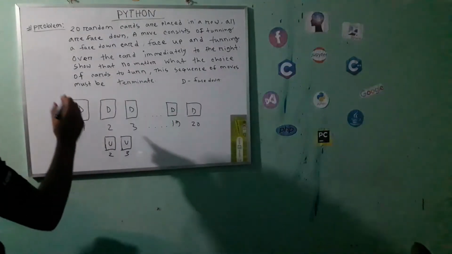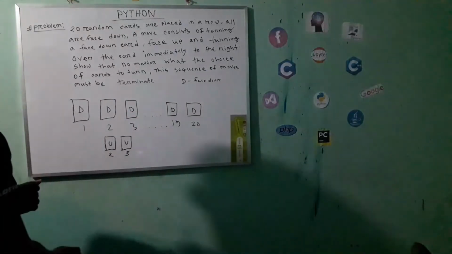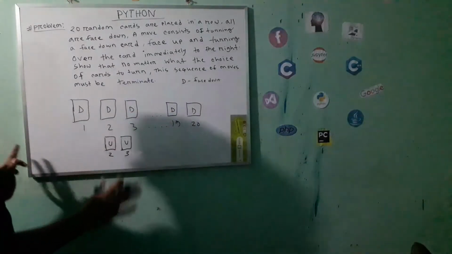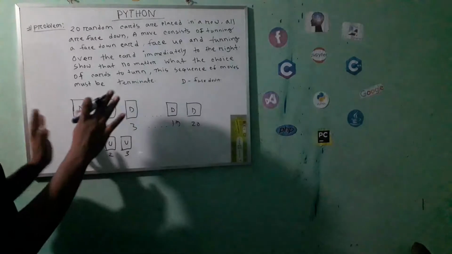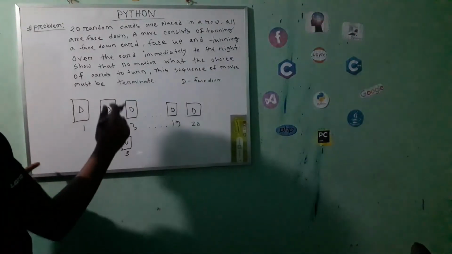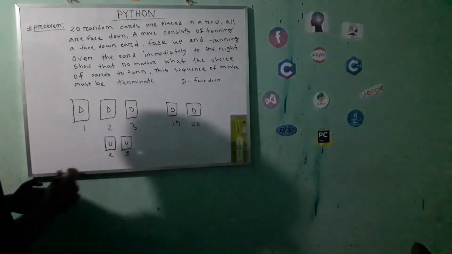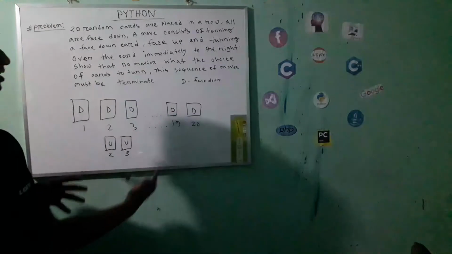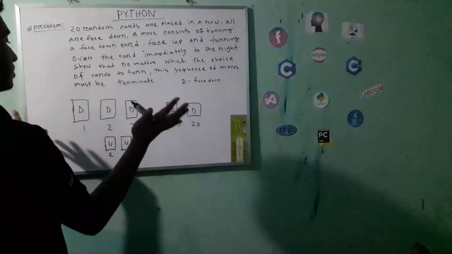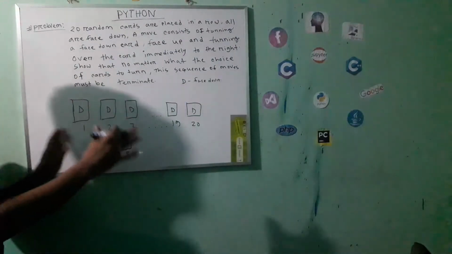Then show that no matter what the choice of the cards to turn, no matter which card you turn over, you can choose any card from the row, this sequence of moves must terminate. That means you constantly turn over a face down card to face up, and ultimately the sequence must terminate.